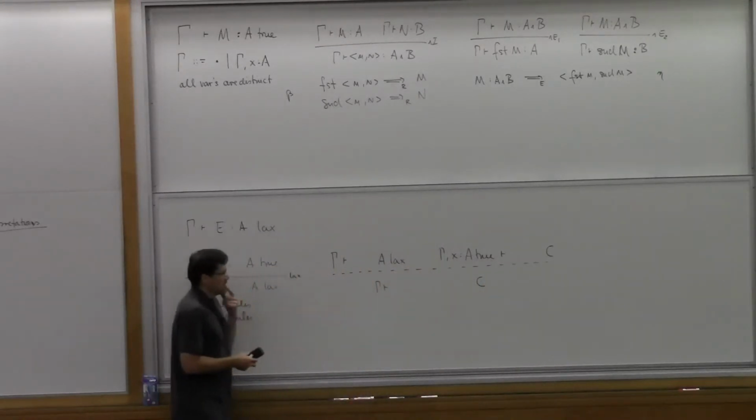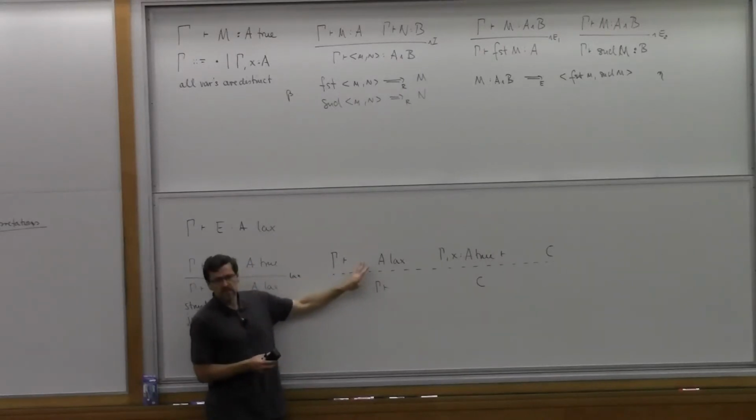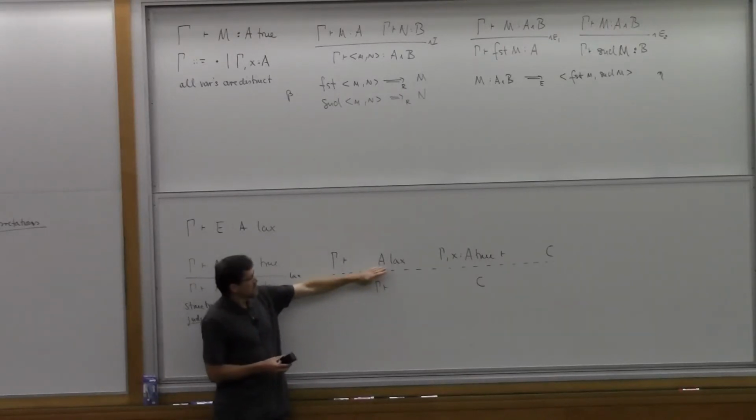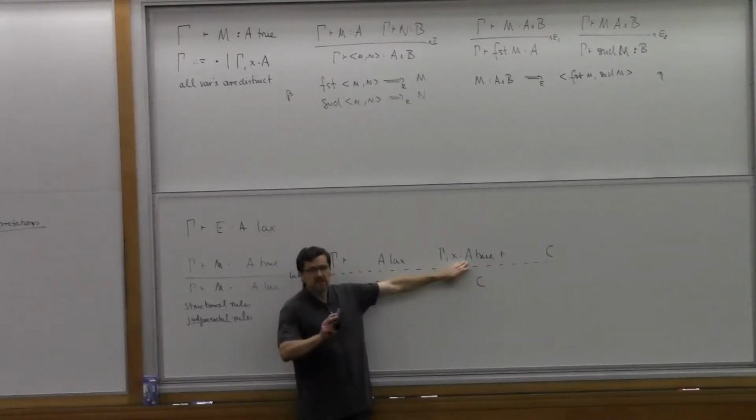So the idea is, this is some computation here which I can run. If it terminates, then I get a value of type A, basically. I get evidence for the fact that A is true. So I'm going to allow myself to assume that I have that evidence.